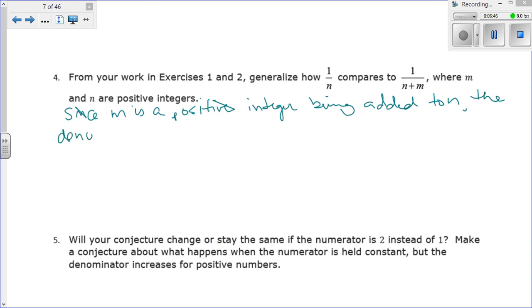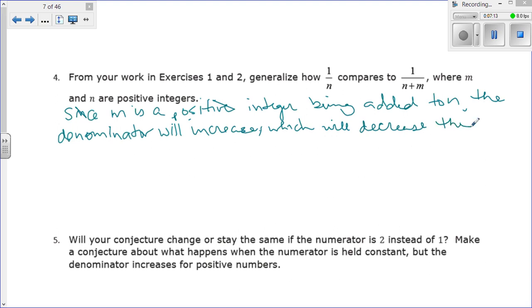So the denominator will increase, and you'd say then which will decrease the value of the rational expression.